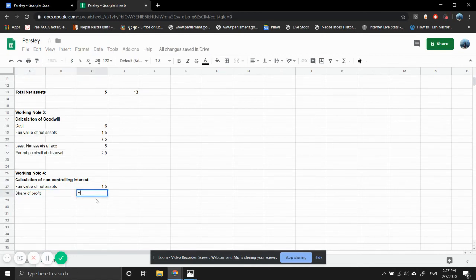What will the profit be? 6 into 6 divided by 12, 3, right? Into 0.3, 30%. So this plus this will be the NCI holding, right?